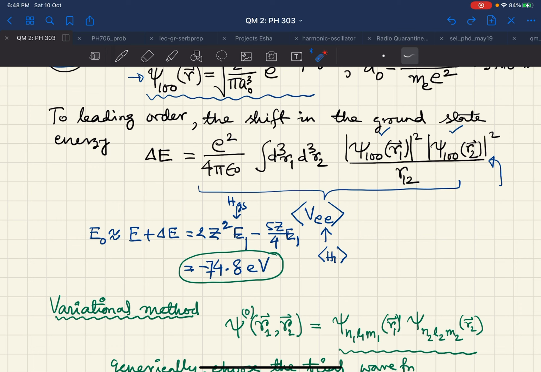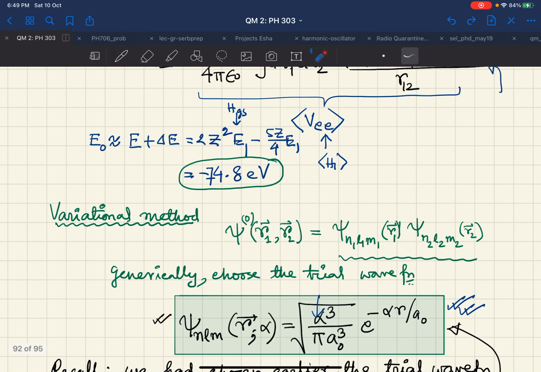Now let us come to the variational method again, and let us see if we can do better than what we have obtained so far, by choosing a different trial wave function.